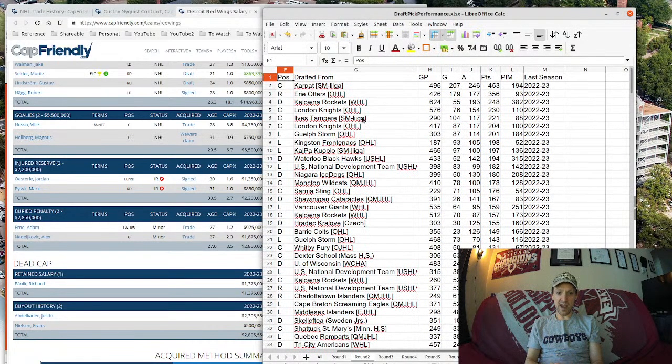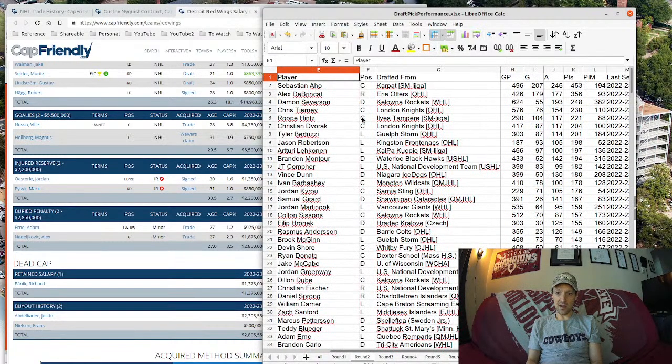So second round, point per game players, there's one in the past 10 years. Everything else is shy of it. Well, there's another one, but that's because he's more recent. That's why it didn't pop up earlier.